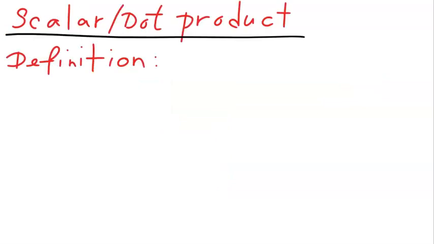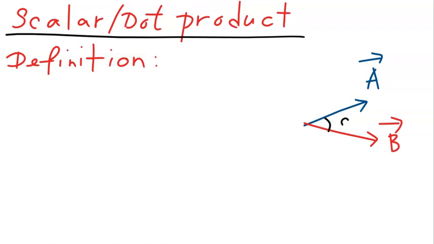Let's now look at scalar or dot product of two vectors. So what is the definition? Now if you have two vectors that look like this, so this is vector A, and this is vector B, and the angle between the two vectors is, let's say, theta, then we can define a scalar product or a dot product between A and B according to the following definition.